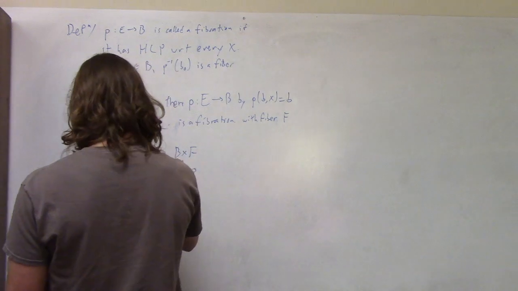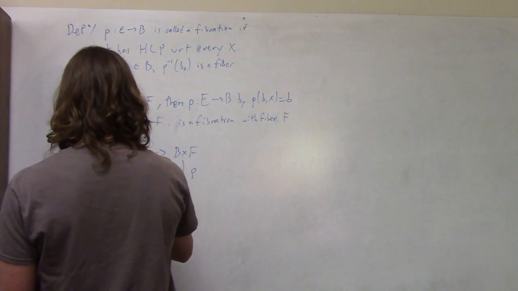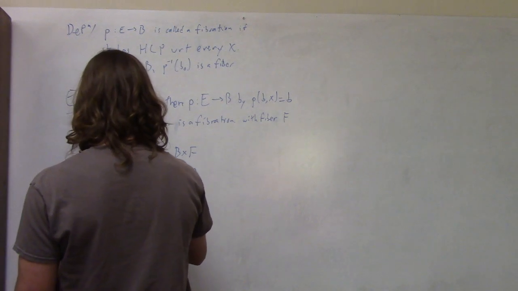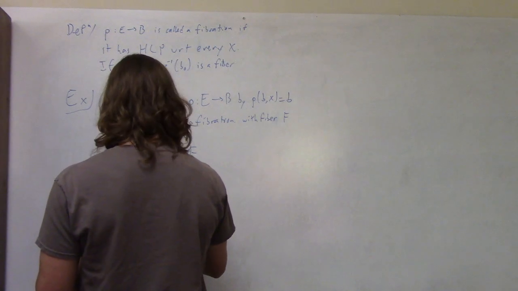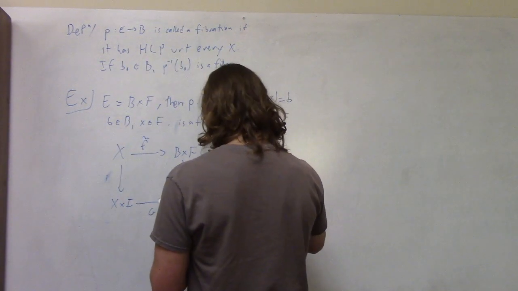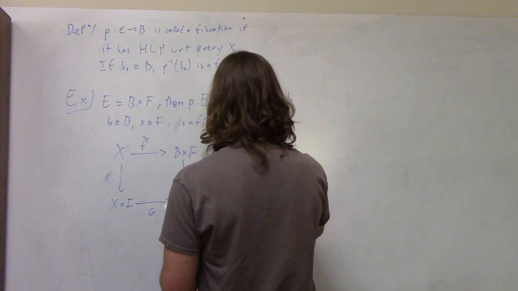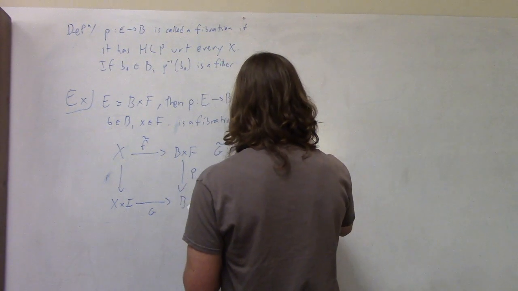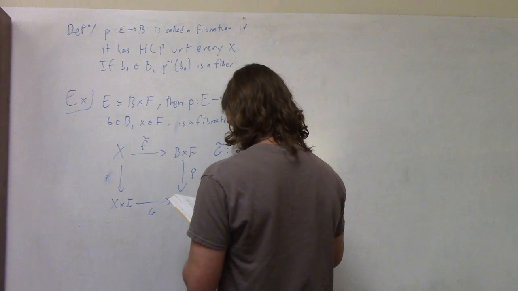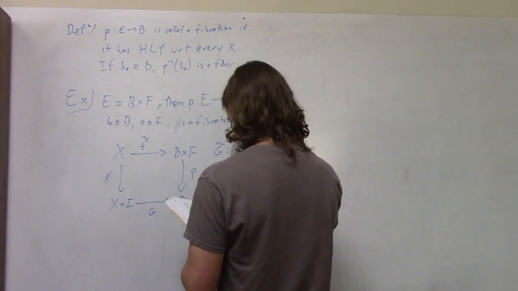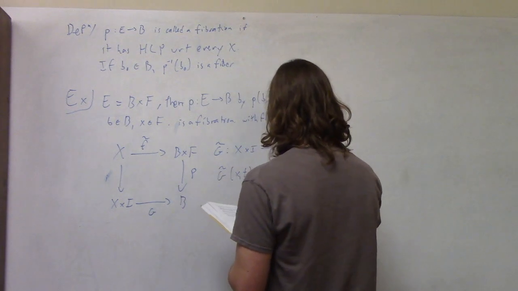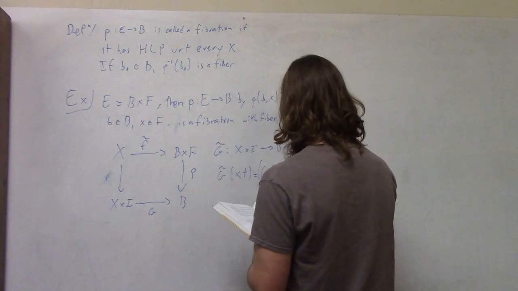Then the ordered pair X tilde comma P is a covering space of X if X tilde is a path-connected topological space, the mapping P from X tilde to X is continuous, and each x has an open neighborhood U_x that is evenly covered by P. So when you talk about a covering map, you're talking about such a P, a mapping from a path-connected topological space to the space you're looking at.